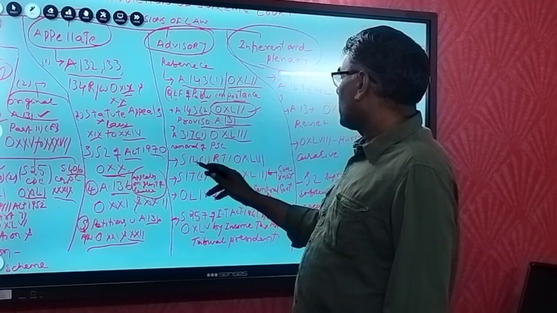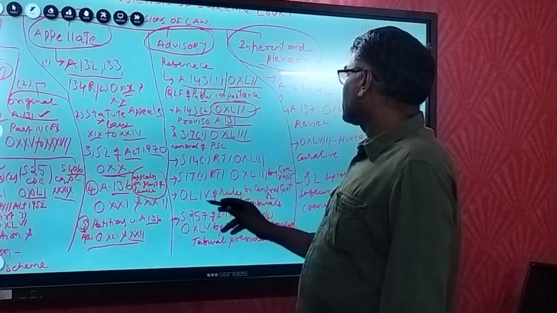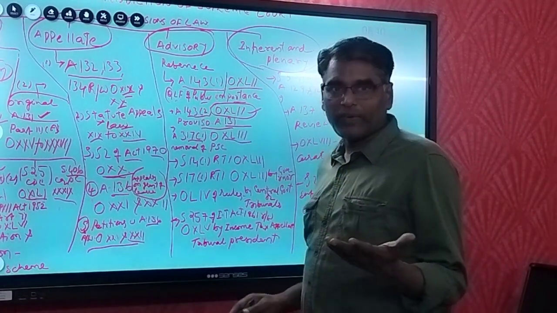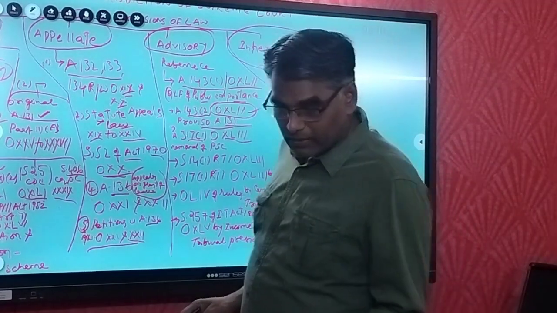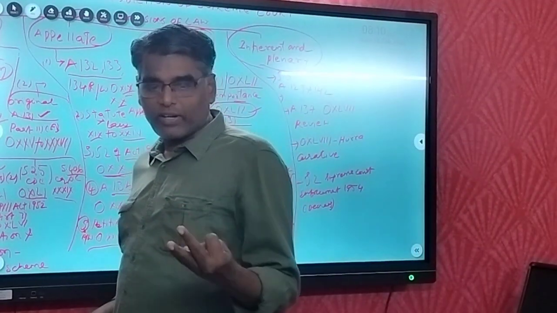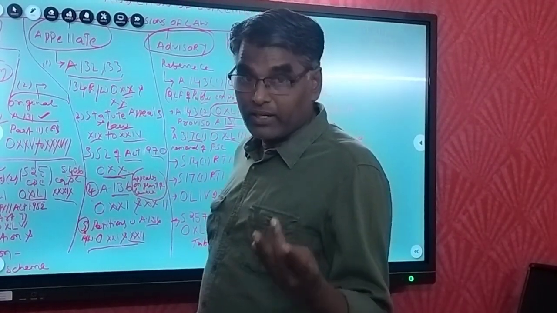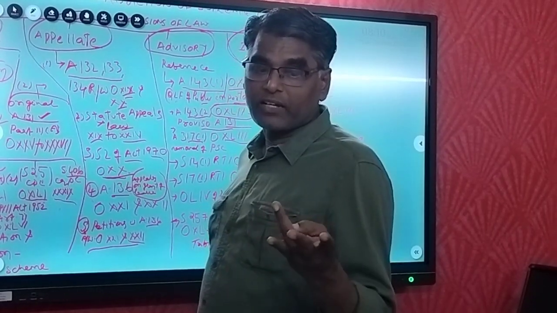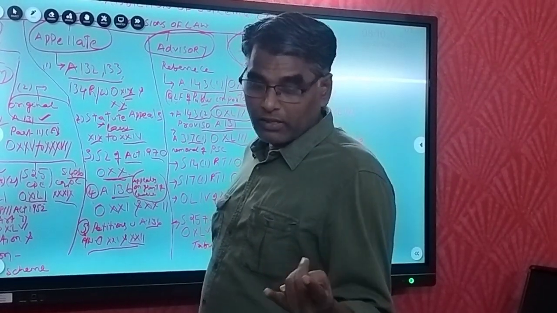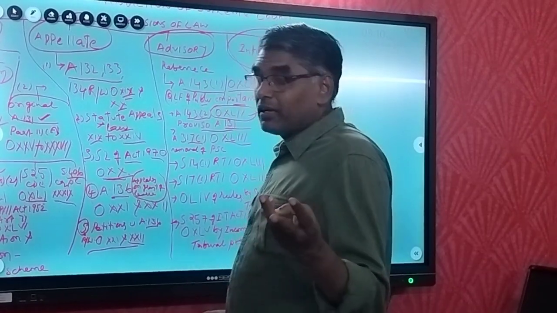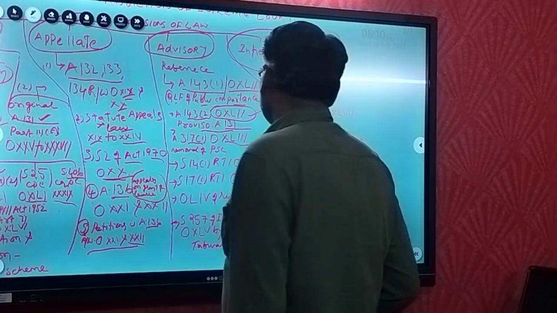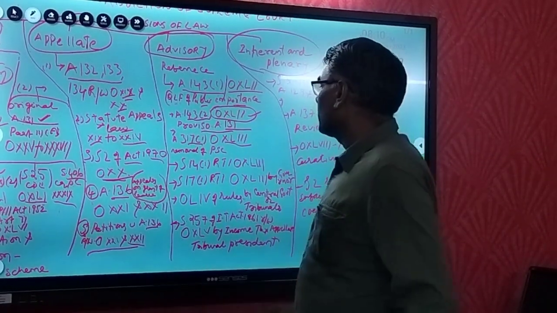Next, reference. Here, a reference can be made by the President, the Governor, the Central Government, tribunals, and the Income Tax Appellate Tribunal. So we deal with all these things.